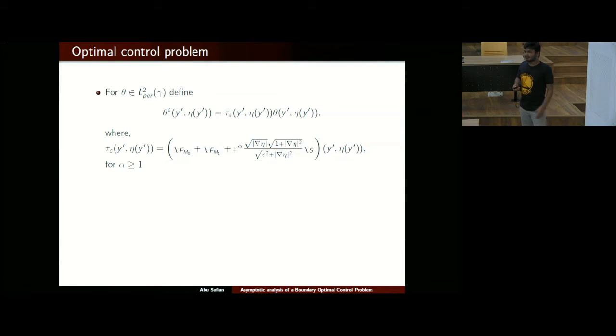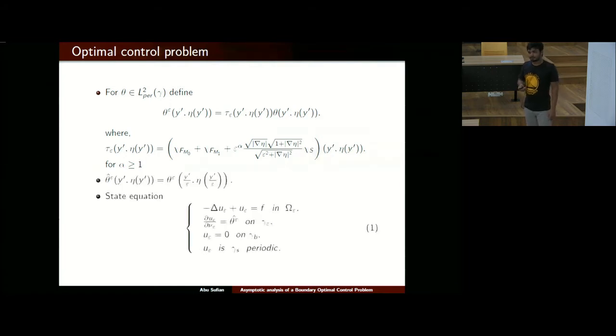And epsilon to the alpha, because our boundary measure is going to increase like order 1 by epsilon. So in order to get uniform bounds and so on, we have to multiply by this factor epsilon to the alpha, where alpha is greater than or equal to 1. According to alpha, if alpha is equal to 1 or greater than 1, we get different limit optimal control problems. Now this theta is defined on gamma, so to define it on gamma epsilon, we have to scale it by 1 by epsilon.